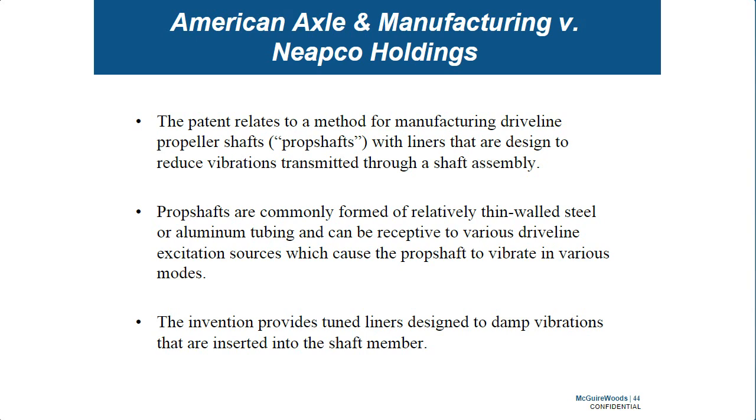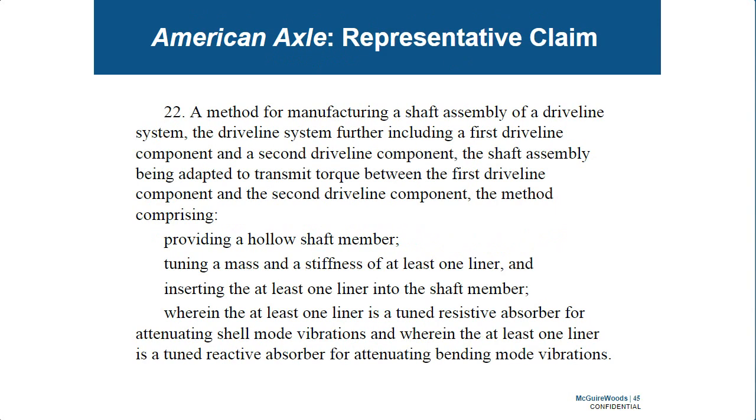And that's the claim that was involved in this patent. You provide a hollow shaft member, and then you tune a mass and stiffness of at least one of the liners, and then you insert the liner into the shaft, and then the liner is tuned. It's a tuned resistive absorber for these different vibration modes.